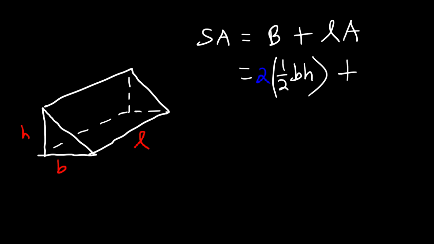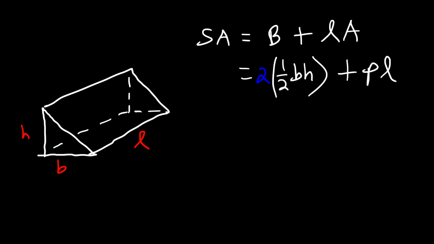To find the lateral area, it's basically the perimeter of the prism times the height. And remember, you need to distinguish the height of the triangle from the height of the prism. The height of the prism, we defined it in this video to be L, not H, not the height of the triangle. So that's the lateral area.